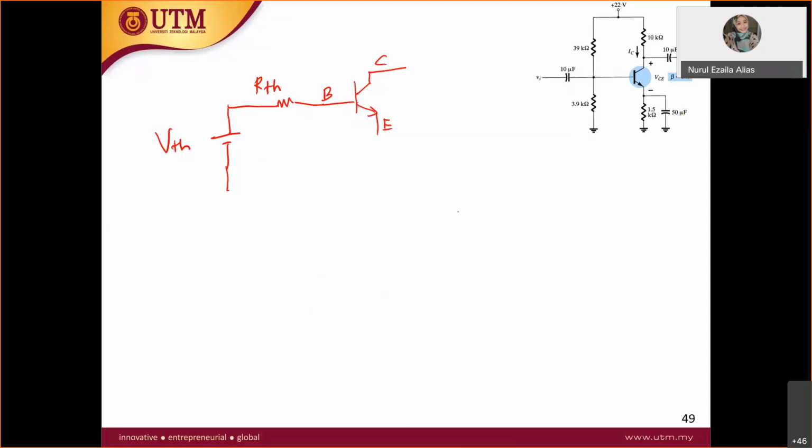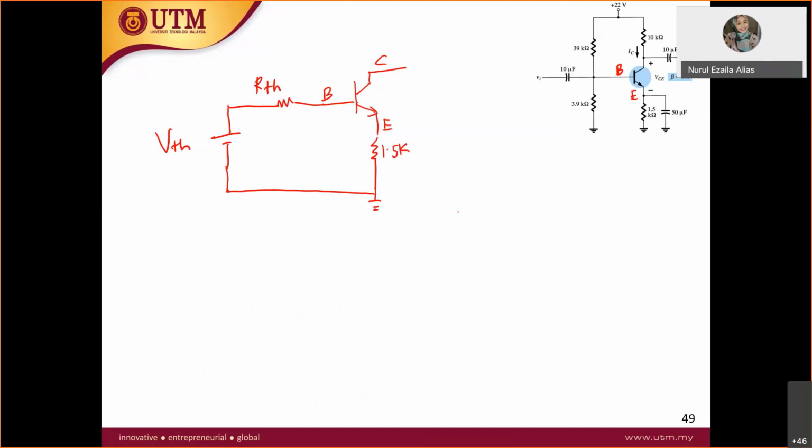Don't forget you have the emitter. So the base is now settled. At the emitter, of course, you have a resistor RE 1.5K, and then you have ground like this. So this is going to be your input loop.